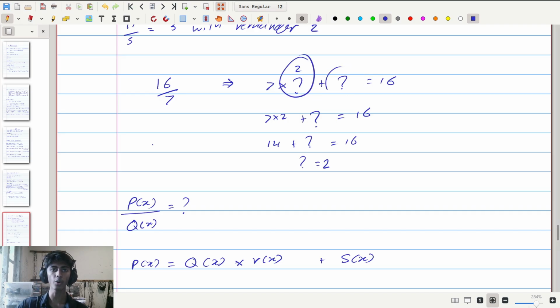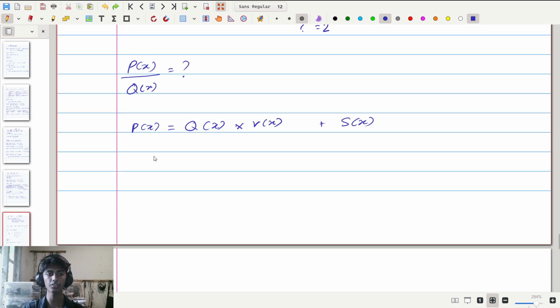This unknown is our quotient, this unknown is our remainder. So p(x) is what we call the numerator. q(x) is what we call the denominator, what we are dividing by. r(x) has a special name, it's called the quotient, and s(x) has a special name, it's called the remainder.